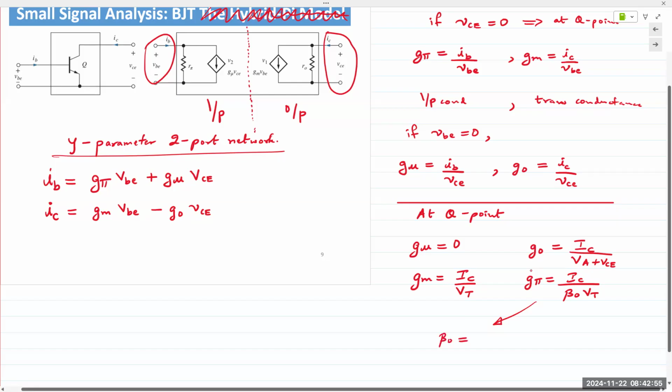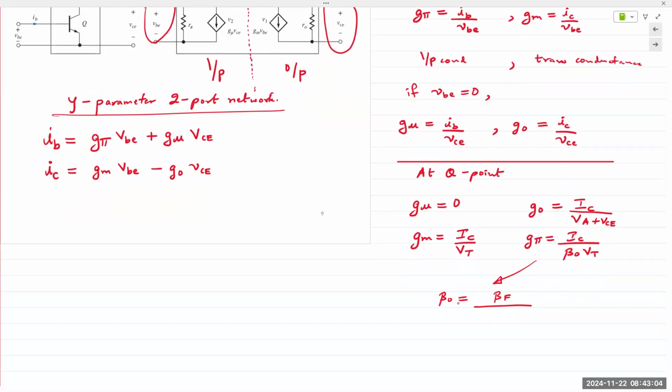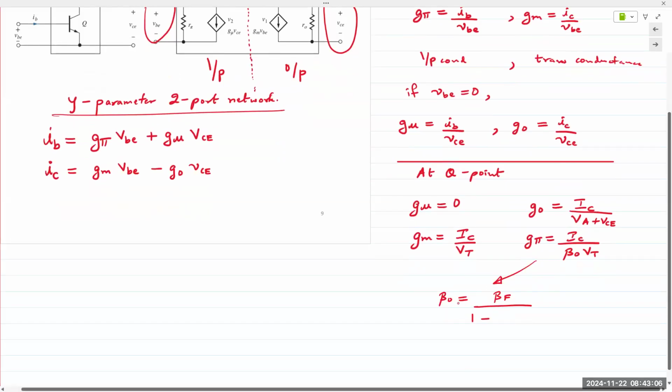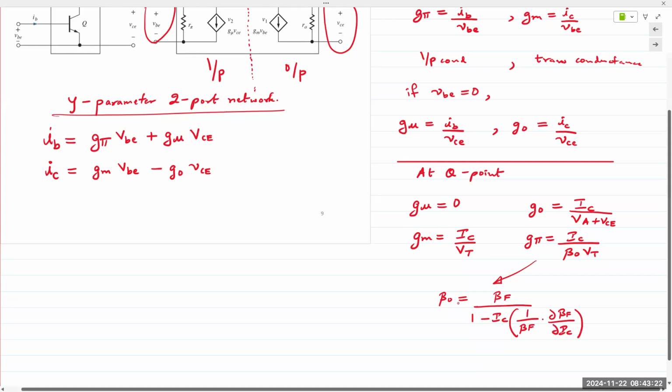So beta O is the forward beta, beta F, and then the denominator is 1 minus IC times 1 over beta F times the partial derivative of the forward gain with respect to the collector current IC. And this is at the Q point.